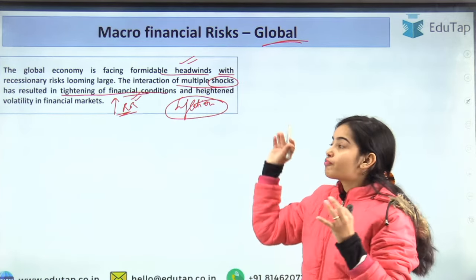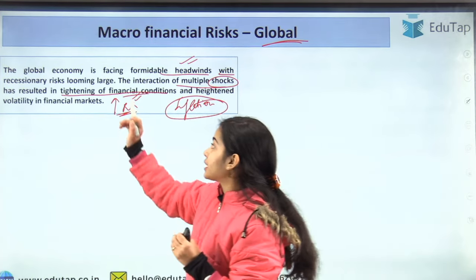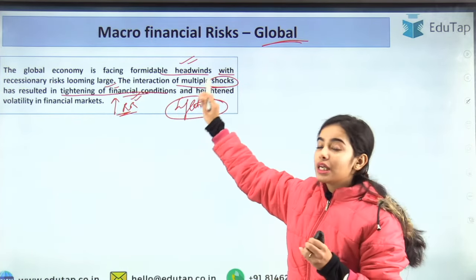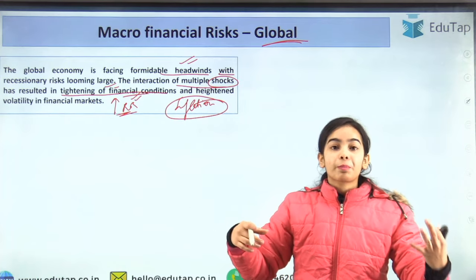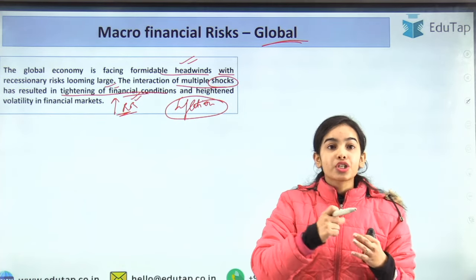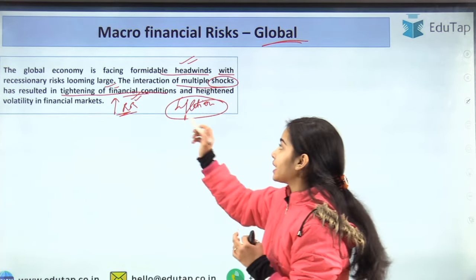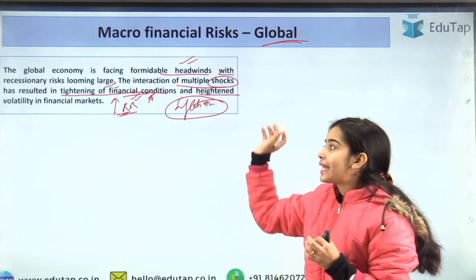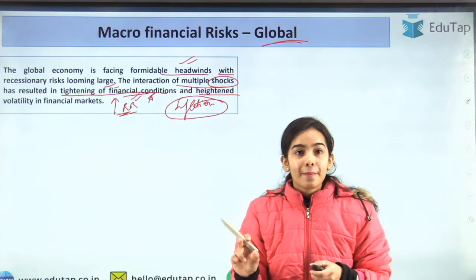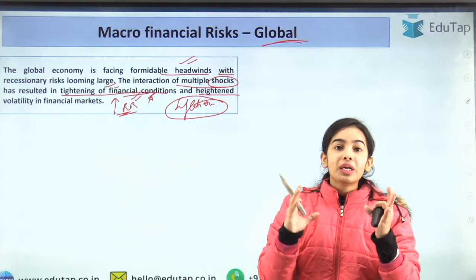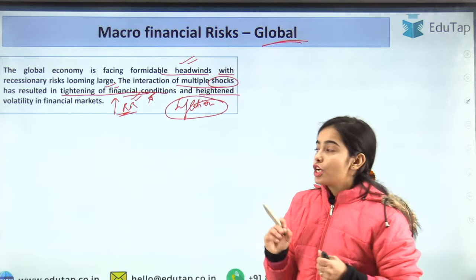So the interaction of multiple shocks has resulted in the tightening of financial conditions: the shock of COVID, the shock of supply chain disruption, the shock of the Russia-Ukraine war. This led to the tightening of financial conditions and heightened volatility in the financial markets. So we have seen that the global economy is faced with multiple shocks.